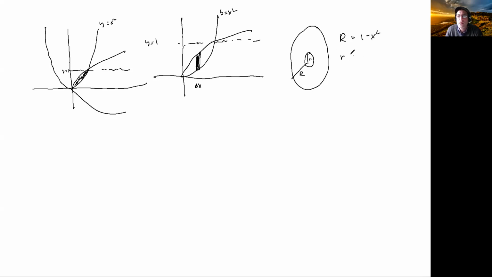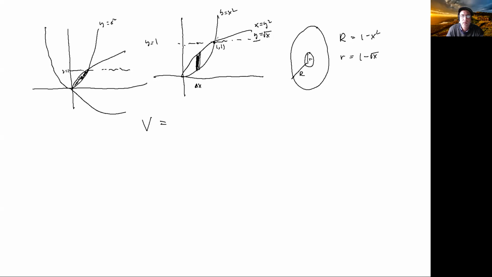And little r is the distance from the dotted line, y equals 1, to this curve here, x equals y squared. But that's the same as saying y equals the square root of x in the first quadrant. So that's going to be 1 minus the square root of x. And so the volume is going to be the integral. Where do these meet up?